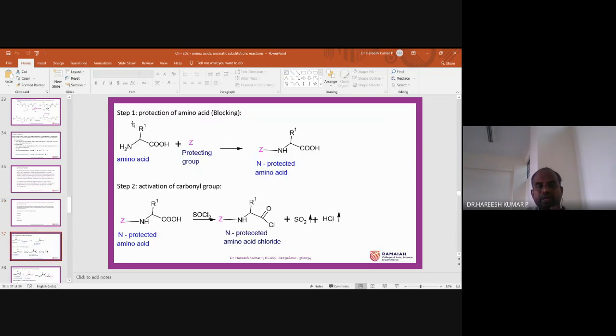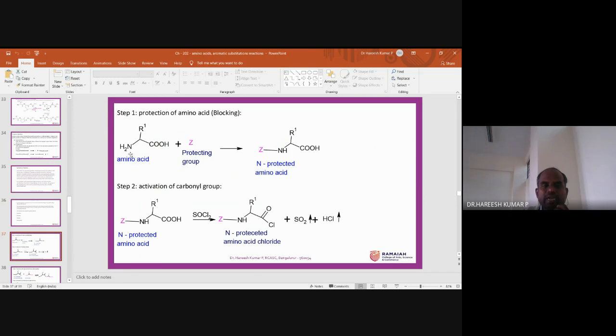So this is the amino acid, and step one is protection of the amino acid. It is also called blocking. This is the N-terminal end of the amino acid. This amino group is protected by using a Z group. What is Z? Z may be Boc, which means butyloxycarbonyl chloride.